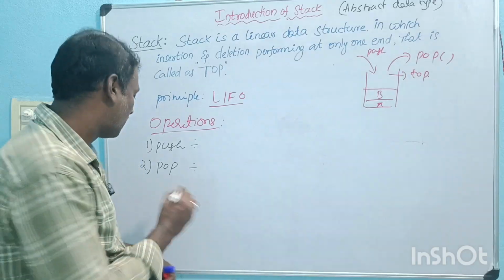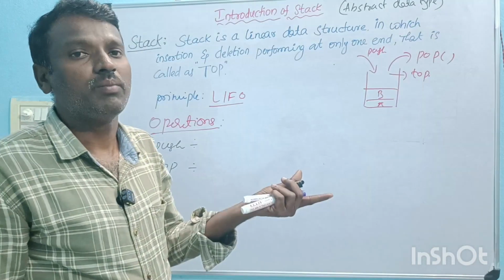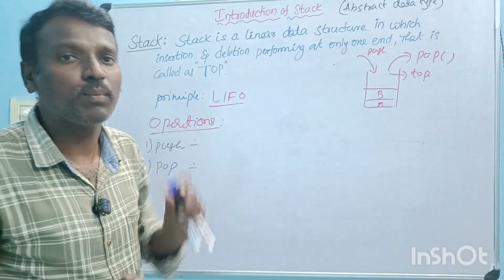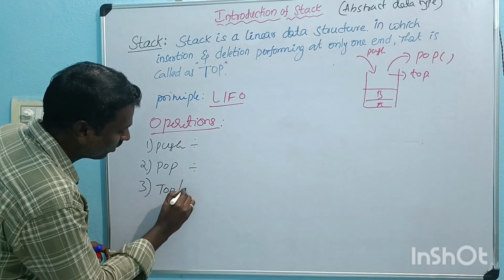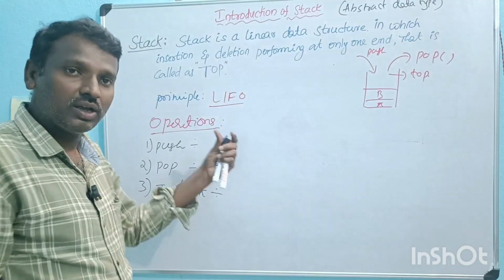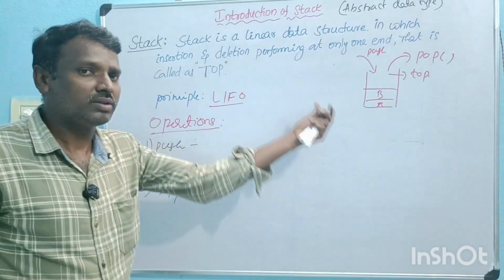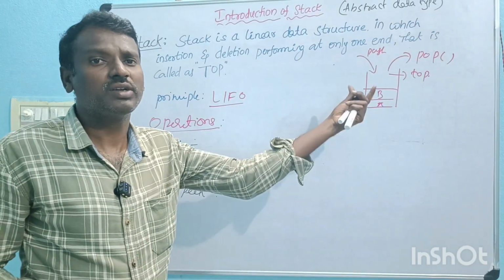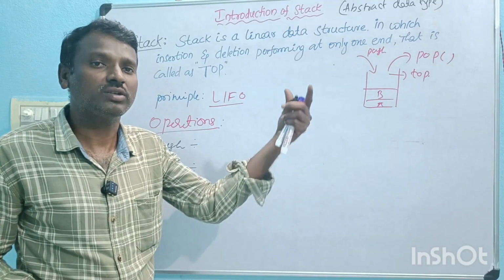Next, the third operation is finding the top element in the stack. At that time we apply the top or peek function. That is the third function. If some elements are available in our stack, at that time we find what element is available in our stack.